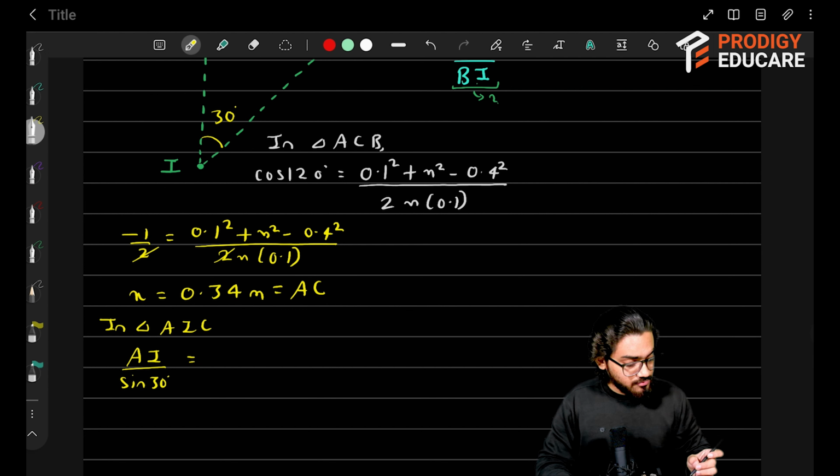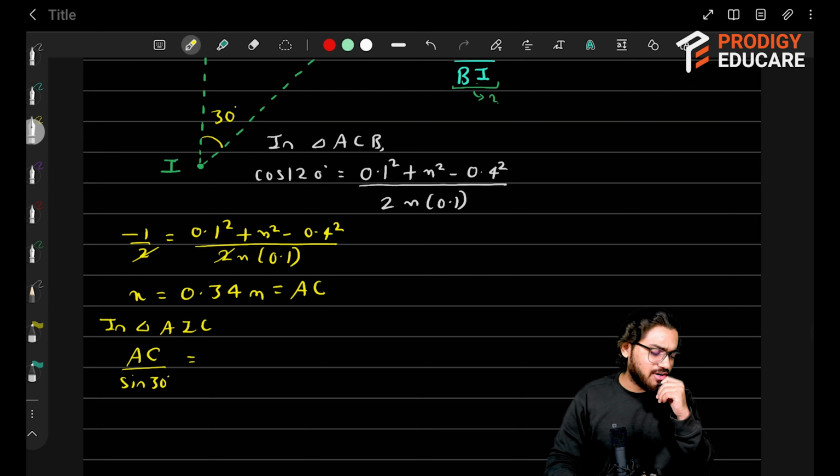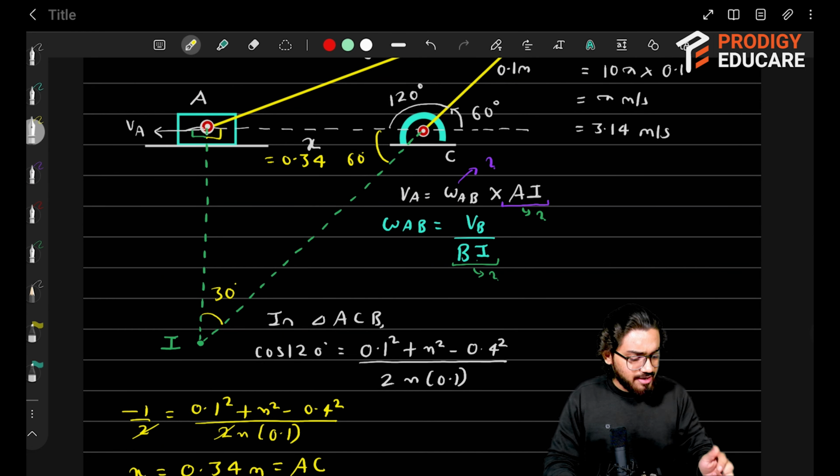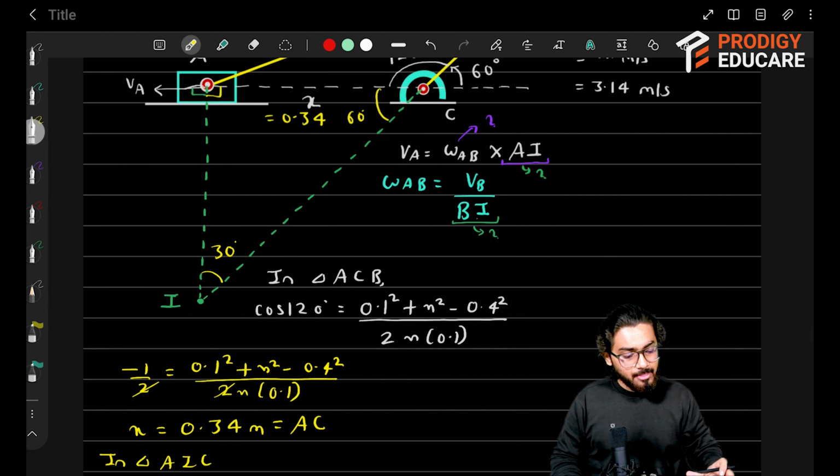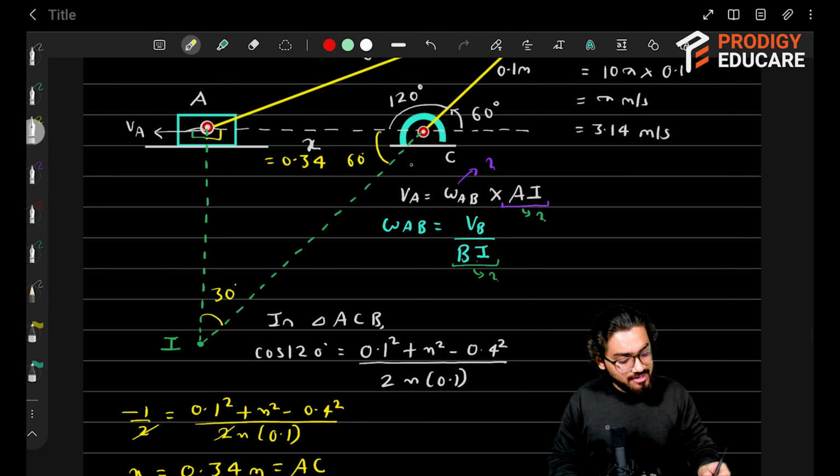Sorry, this was AC. So AC divided by sine of 30 degrees. Then I have AI, and the angle opposite to AI is 60 degrees. So AI upon sine of 60 degrees is equal to, and the final side is CI, and the angle opposite to it is 90 degrees.